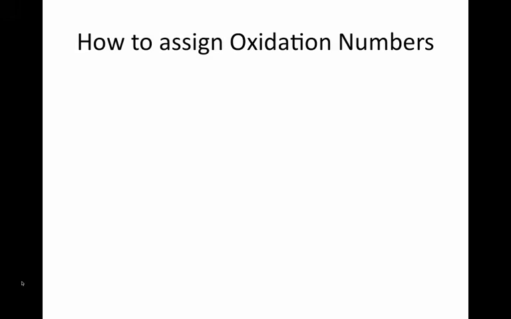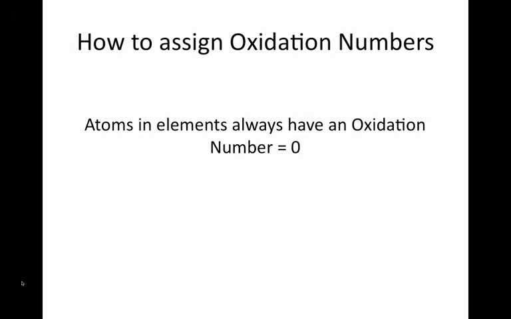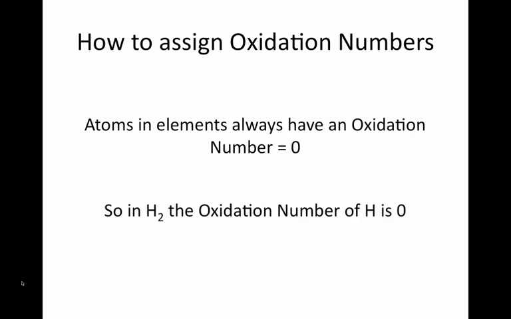How to assign oxidation numbers. There are a number of rules, and the first one is that atoms in elements always have an oxidation number of 0. So in H2, the element hydrogen exists as H2 molecules, the oxidation number of H is 0.